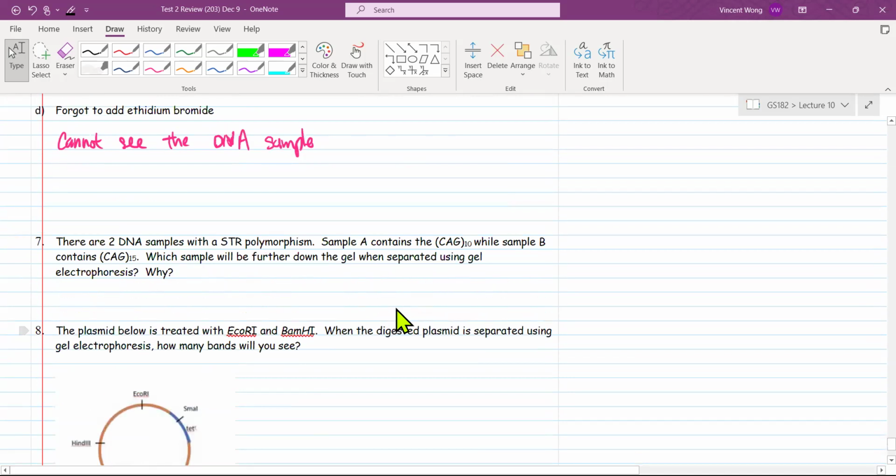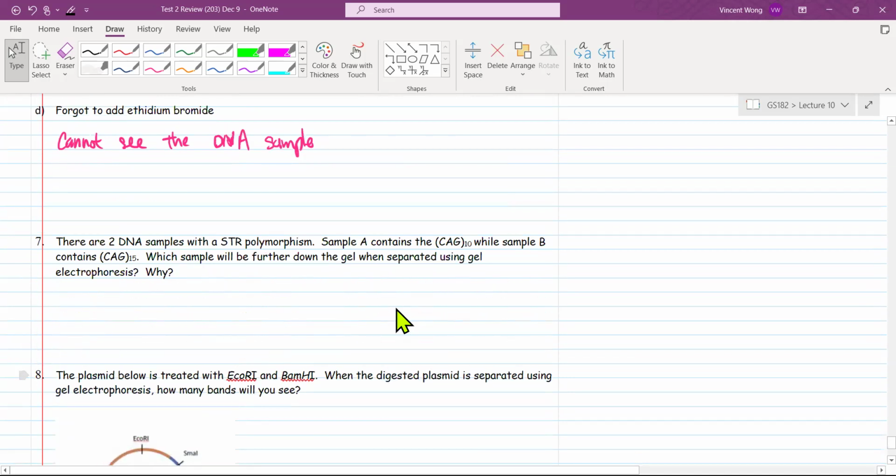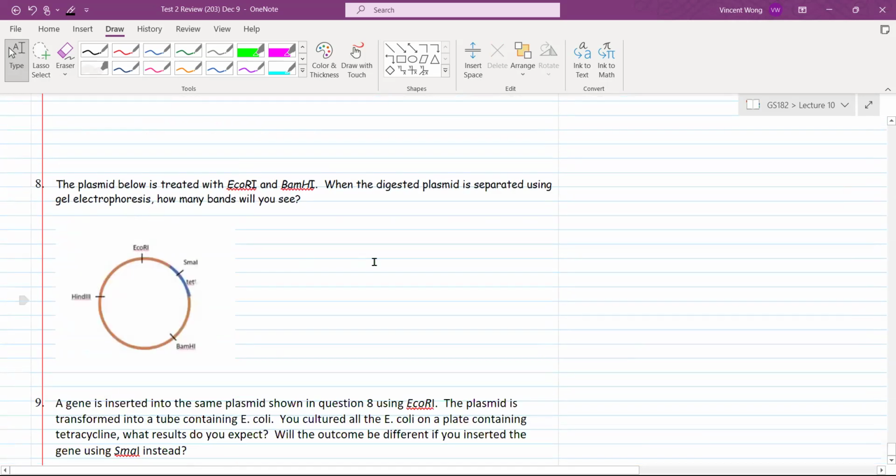We did this question in class, but very quickly, which sample will be further down the gel? This one is going to be further down the gel because it is shorter. Shorter DNA always will be able to move further down the gel. We also did this in class, I think.